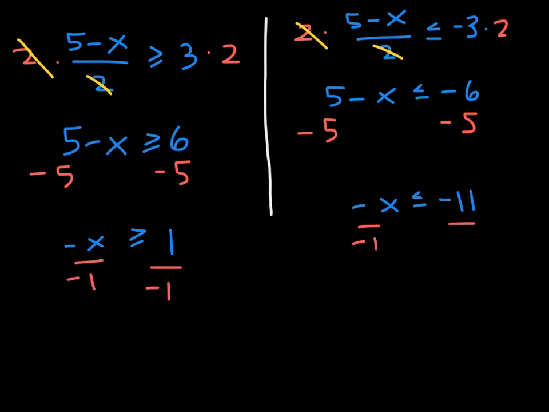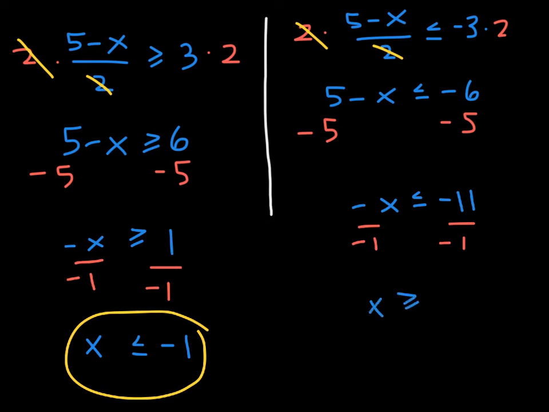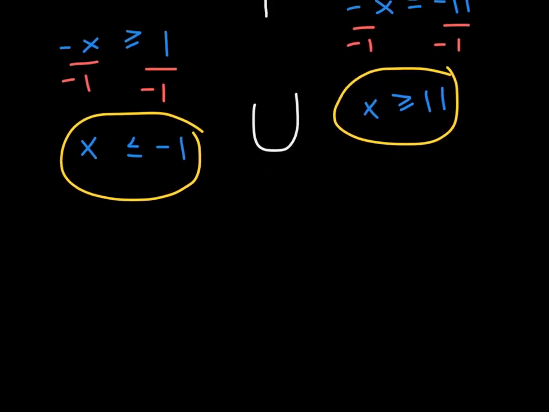Now remember what happens when you divide by a negative? Switch the inequality symbol. x less than or equal to negative 1 is one statement, and the other one is x is greater than or equal to 11. Do you remember what's right in the middle of these two sets? Yep, the union. So let's graph each of these and find the union of these two sets.